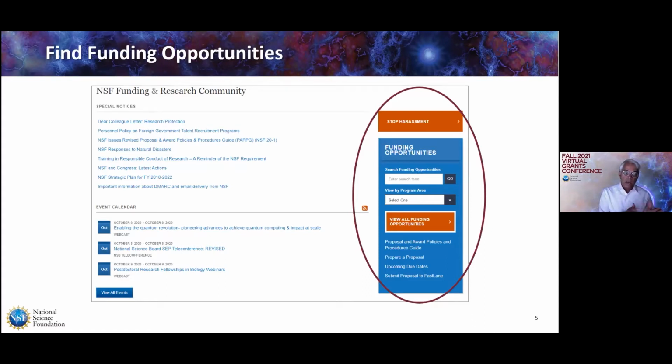Both by the kinds of funding opportunities in terms of small, medium, or large grants. You can find them by topic areas. You can find them by specific keywords that might appear in a funding solicitation. You can also find them by what kinds of people you want to support, like graduate students or postdoctoral researchers or other kinds of equipment grants and so on. Next slide, please.